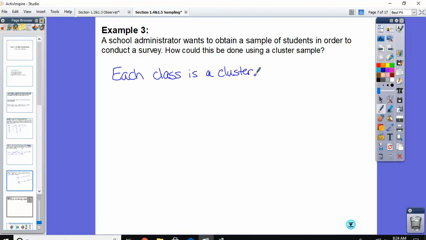Those don't overlap. You don't have people in two classes at once. And then you randomly choose an entire class to survey. Okay, so you divide them into groups and take the entire group.